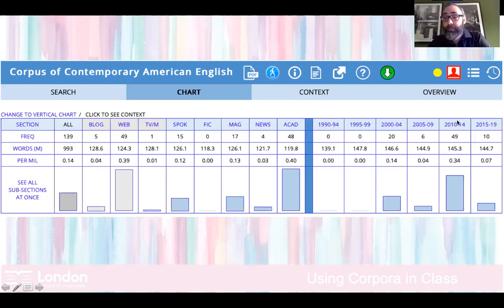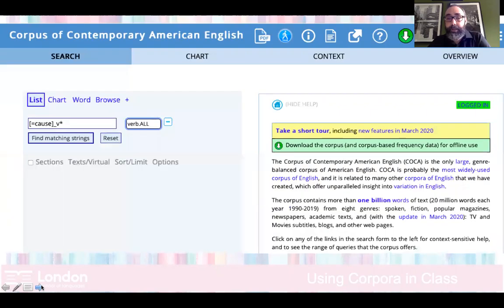But you see, for example, that between 2010 and 2014, it was very common, possibly because it was the first time we had that coronavirus. You see that it's very frequent on the web, for example, but not in fiction. Or that in academic texts, coronavirus is a very common word.